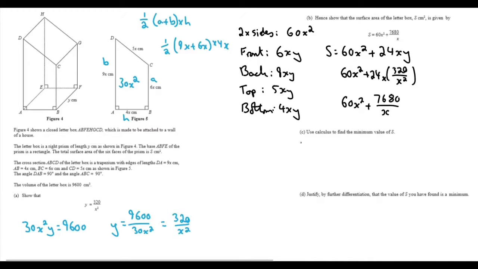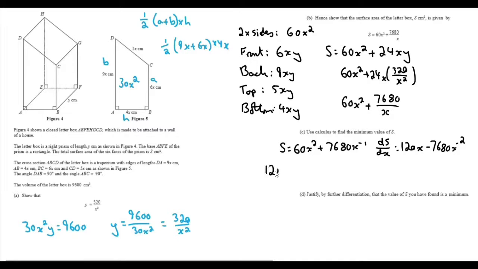To then use calculus to find the minimum, we'll then be saying that S equals 60x squared plus 7,680 x to the minus 1. So ds over dx, that's going to equal 120x minus 7,680x to the minus 2. Because it's the minimum, it equals 0, so you can move something onto the other side of the equal sign.